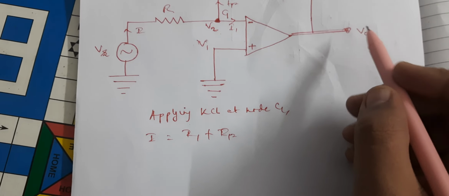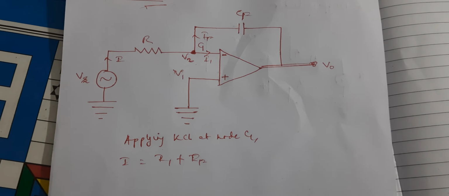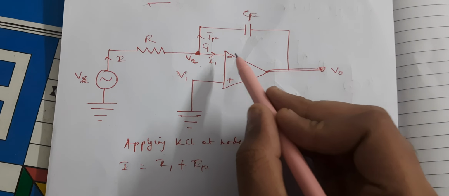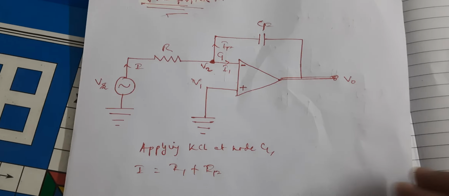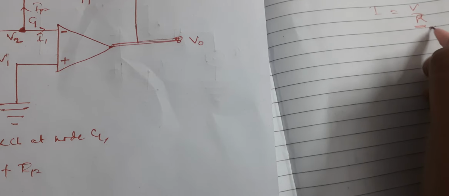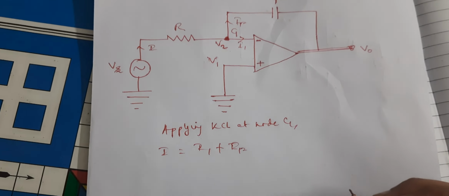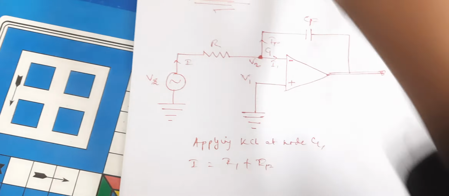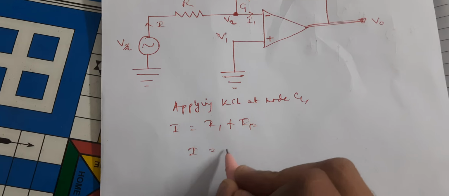Because of the input resistance, which is infinite, and we know by the equation I equals V by R that if R is infinite, the current will automatically be 0. So now I1 is equal to 0, which means I is equal to IF.